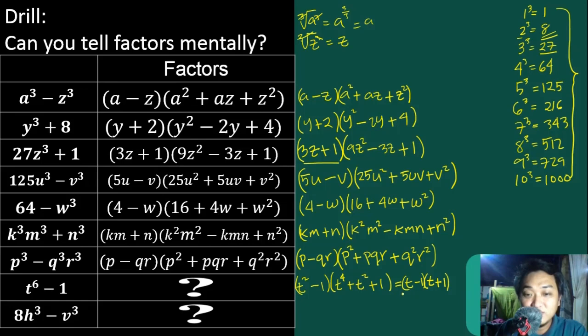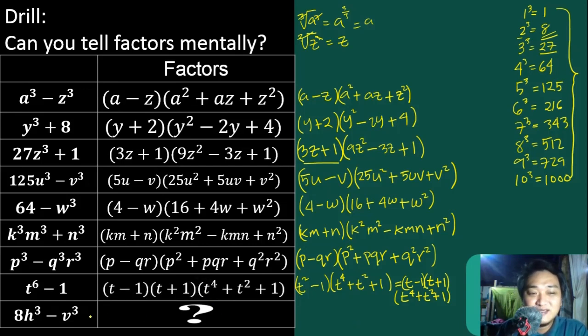Dito ko na lang sulat sa baba, t to the 4th plus t squared plus 1. Okay, so the complete factor is t minus 1, t plus 1 times the trinomial t to the 4th plus t squared plus 1. Okay, so tama tayo, no?